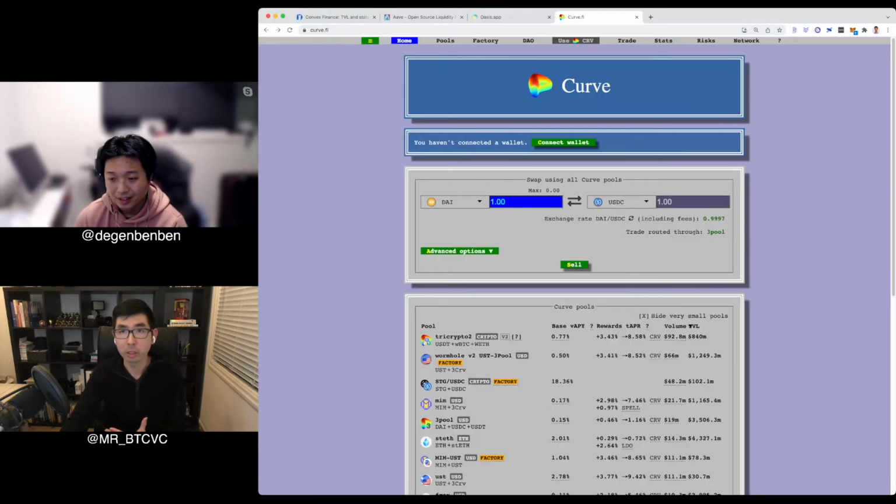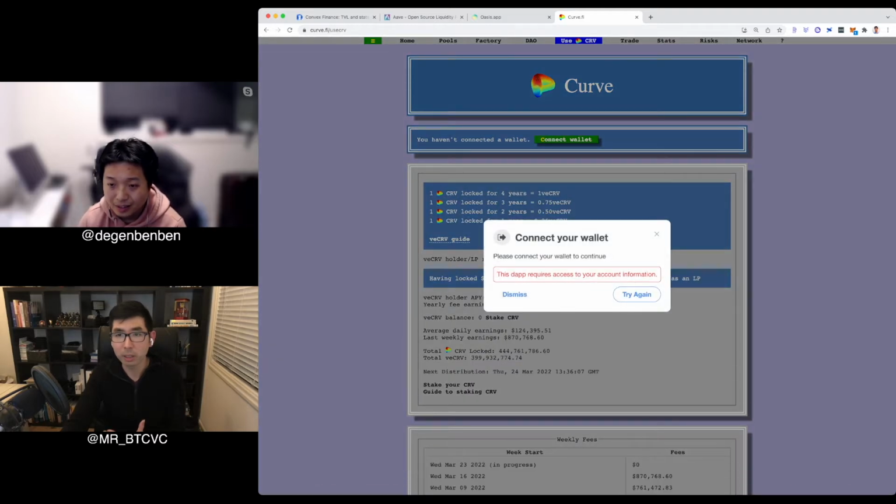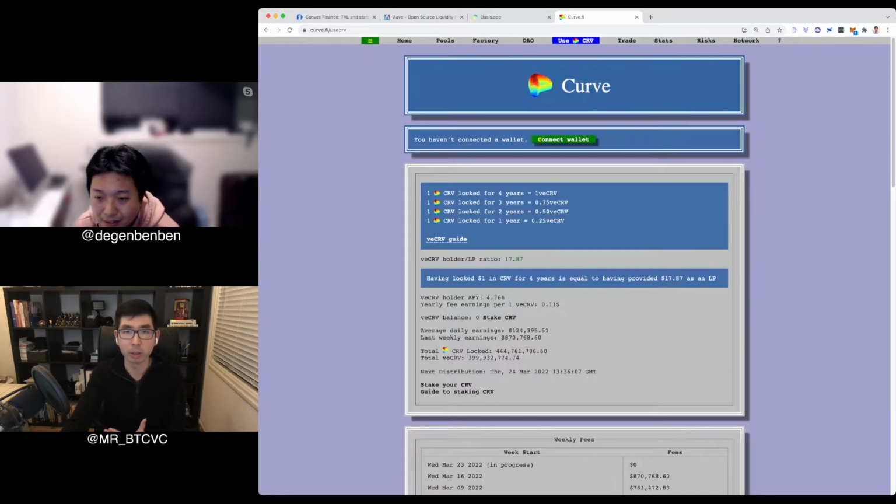Right. So let's see if I can show you here. Locked for 4 years. So if you lock up your CRV, which is your liquid Curve, you can sell that for 4 years, then you can get this veCRV.